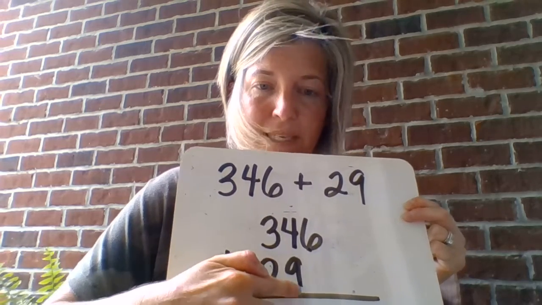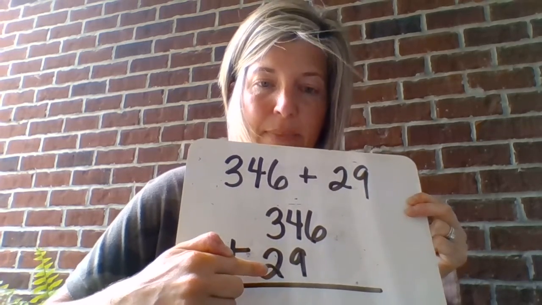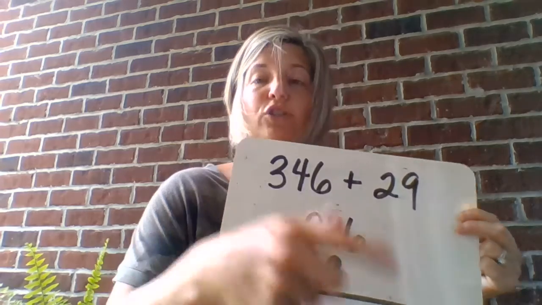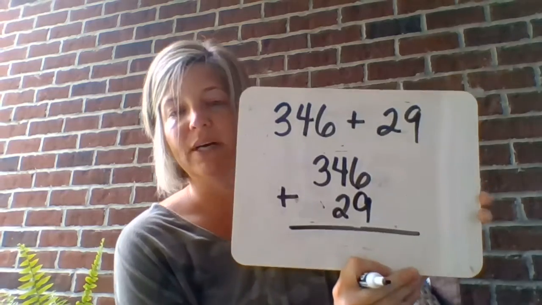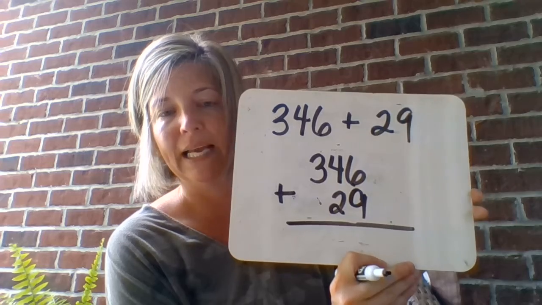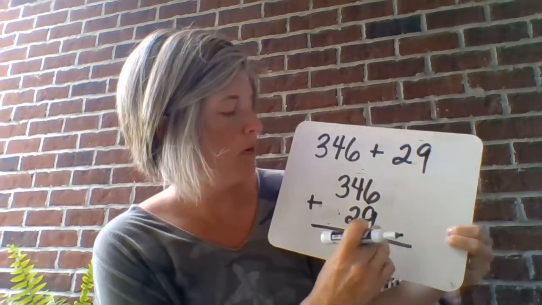But that doesn't work because my 9 is in the ones, and my 2 is in the tens. So, how we should line this up is put my 2 in the tens place and my 9 in the ones place. And let's go ahead and add.